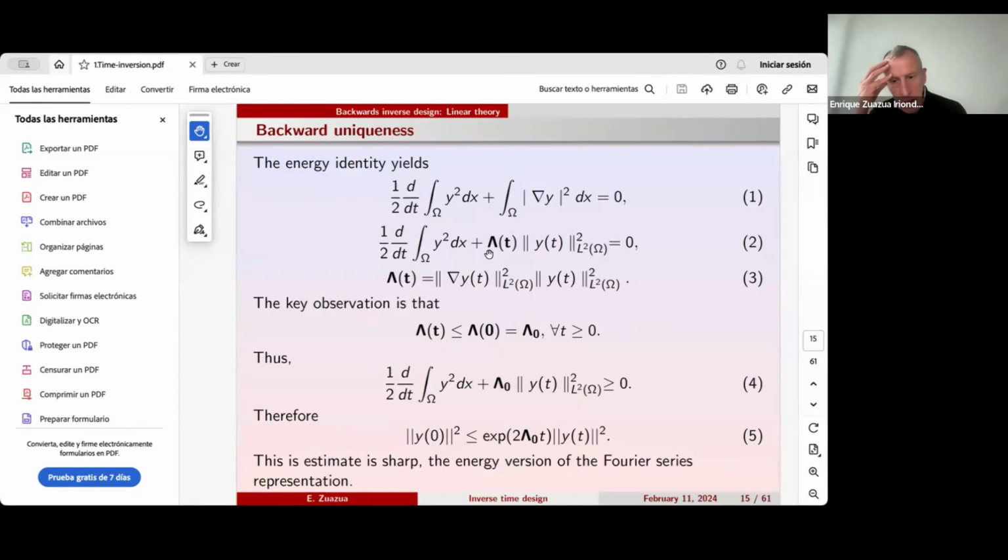Now, if you ask me about, for instance, thermoelasticity, I'm not sure this has been done. I remember Luz de Teresa, our former PhD student many years back, was writing her PhD on the control of thermoelastic plates, and I recall she was facing this problem. I don't know whether this was treated in the literature or not. We should check.